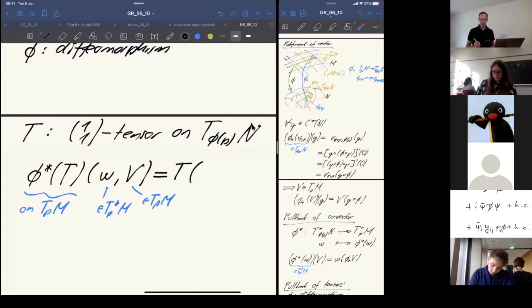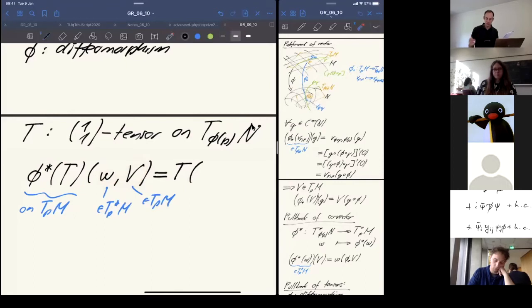The only thing we can do is to somehow evaluate the tensor. This tensor is on the N manifold, on the tangent spaces to N, but we already know how to move these objects, a covector and a vector, between these two spaces.